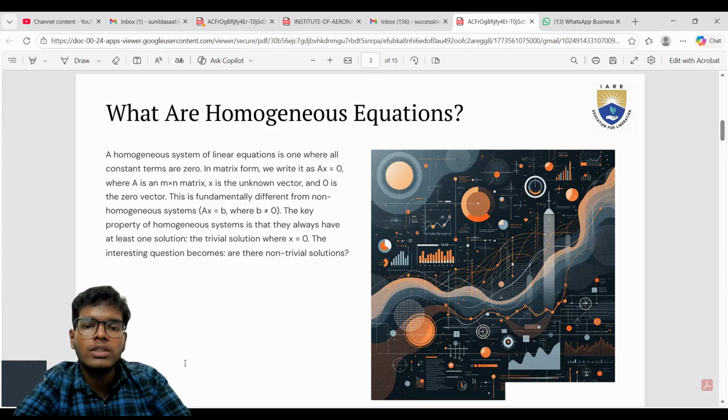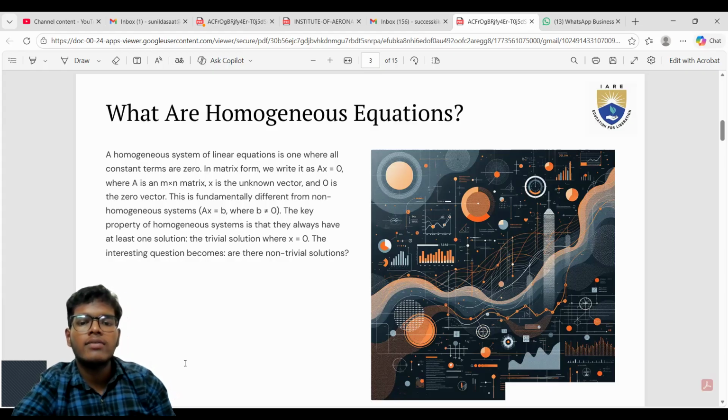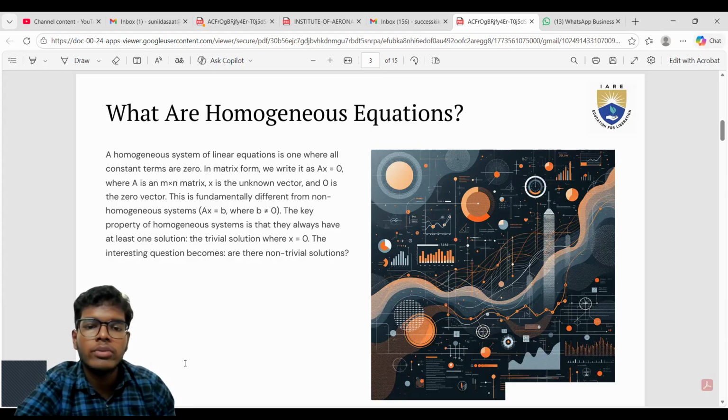Unlike non-homogeneous systems, which might have no solution at all, a homogeneous system is always consistent. It always has at least one answer, the trivial solution where x = 0. In data terms, that's like saying if all input features are 0, the output is 0. It's logically sound but not very useful.